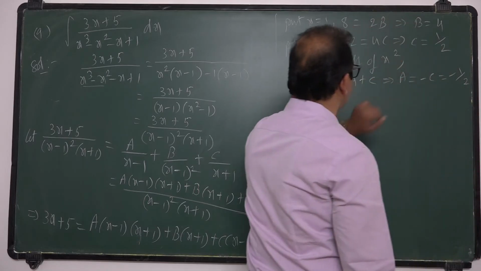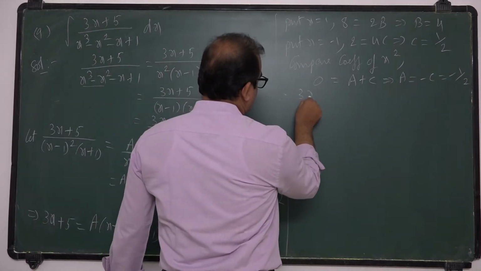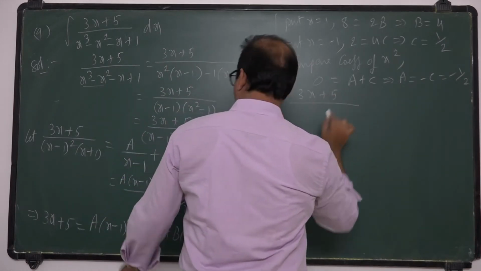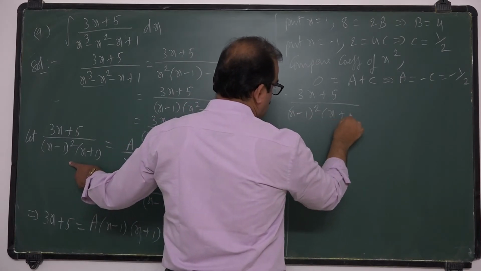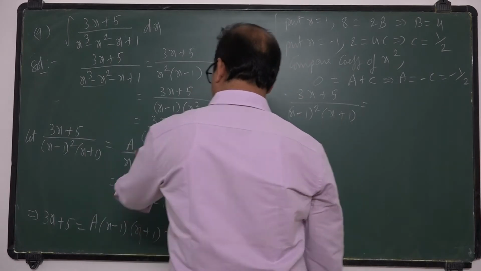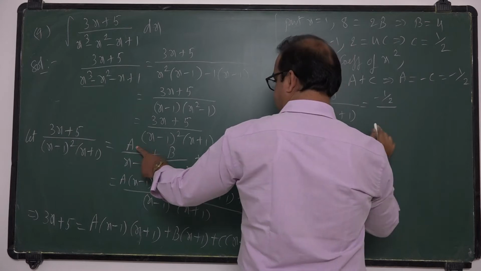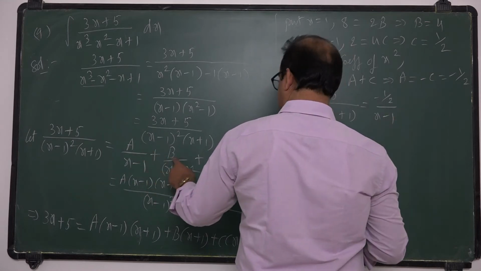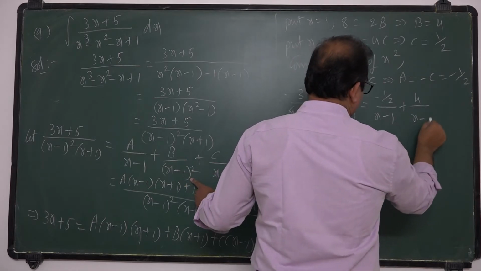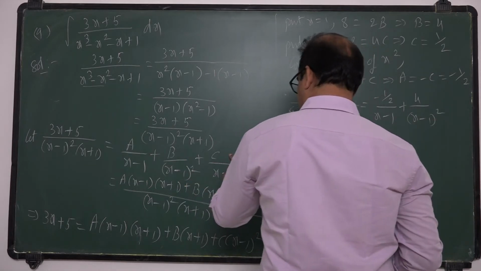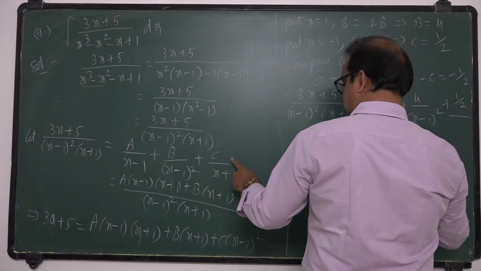Now substitute the a, b, c values in this. It is equal to a value minus 1 by 2 by x minus 1, b value 4 by x minus 1 whole square, c value 1 by 2 by x plus 1.